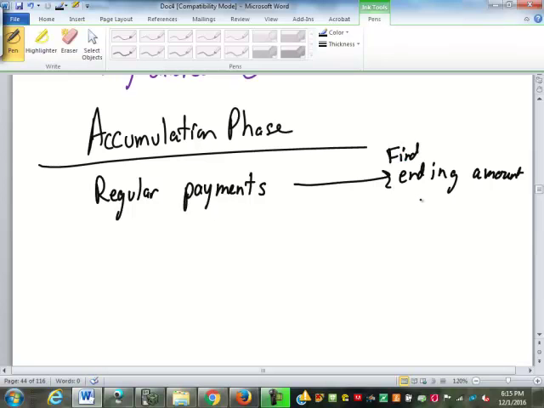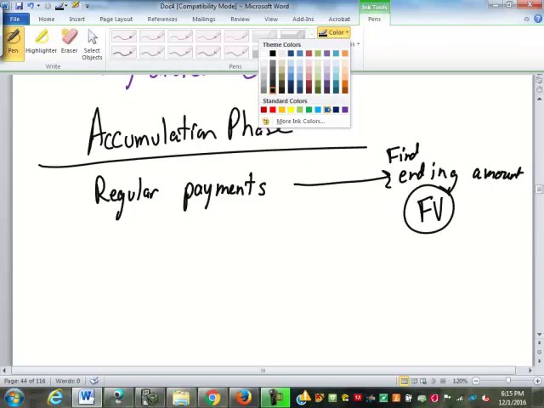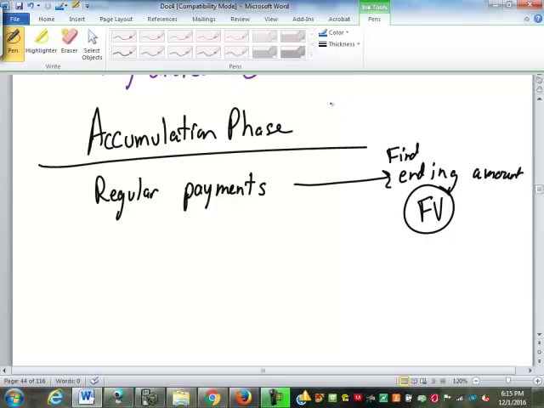That ending amount is the future value. The future value is the amount of that payment times, make sure you write small, leave yourself a lot of room here. Yes, there are 3 open parentheses.